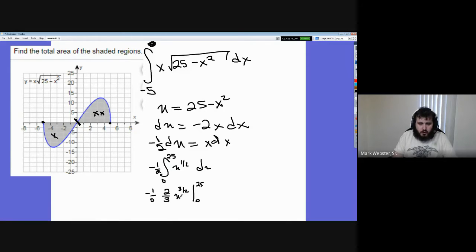So u is 25. So we got negative 1/3 of 25 to the 3/2. So square root first, then cube it. Square root of 25 is 5. Cube it is 125. So this gives us negative 1/3 times 125.